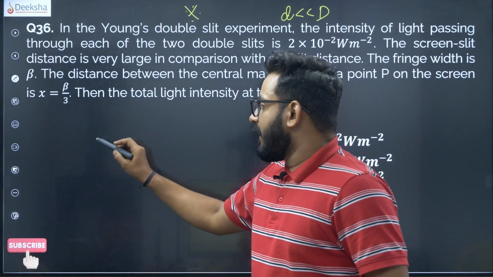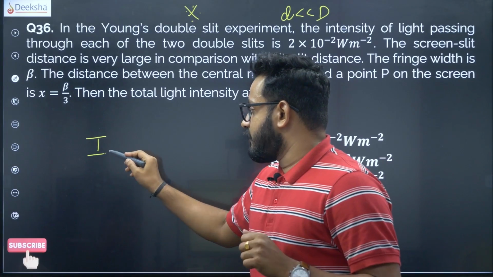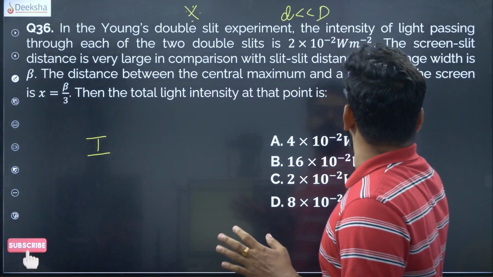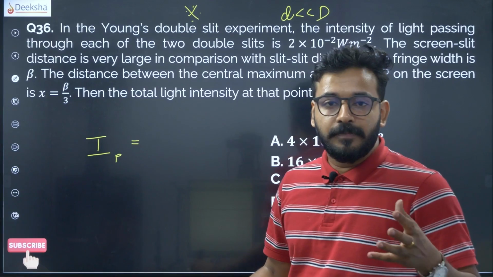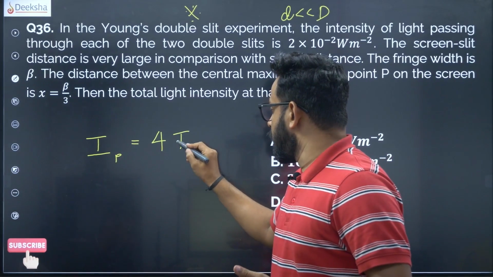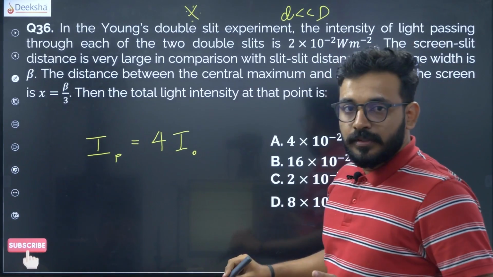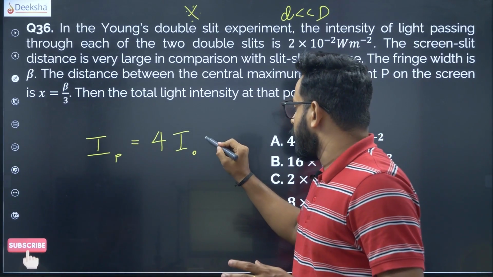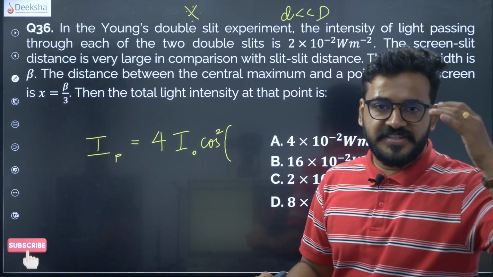You find it using a formula. Please make a note of this formula. Very important. So at some point P, the intensity is given as 4 I naught, the original intensity, into cos square of phi by 2, phase difference by 2.